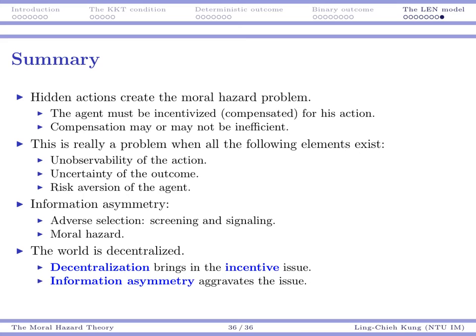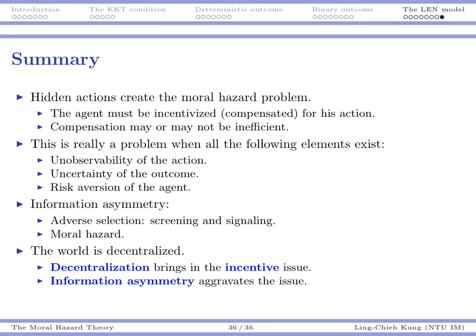Okay, now it's time to give a quick summary. Hidden actions create the moral hazard problem. Okay, because the action is hidden and costly, the agent must be incentivized or compensated for his action. Compensation may or may not be inefficient. Okay, so I delegate a job to the sales agent or to the agent. I need to compensate him. Sometimes the compensation can be designed so that I can recover the first best outcome.